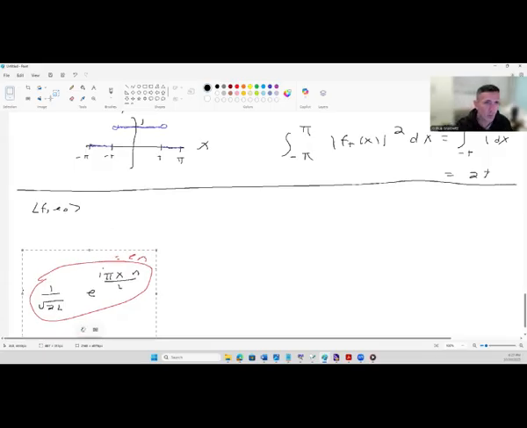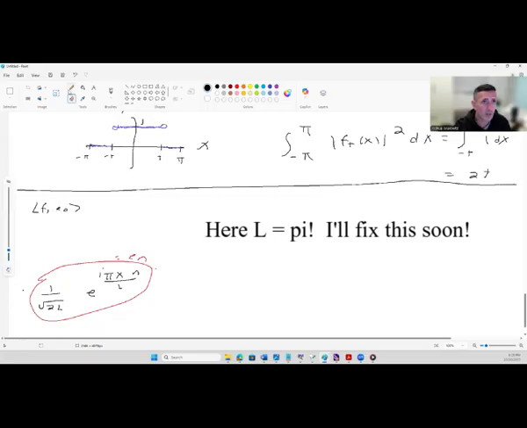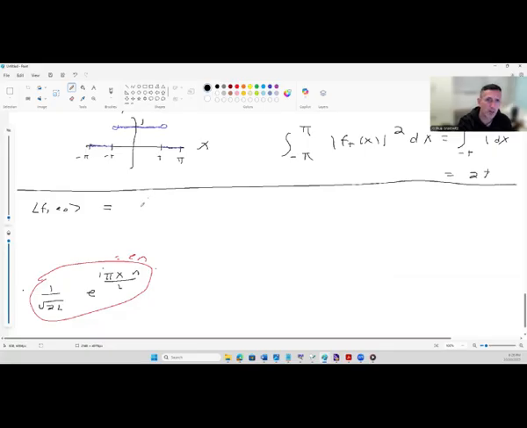Right, so E0 is just 1 over square root of L. So same thing, it's literally just 1 over square root of 2L minus pi of f x.